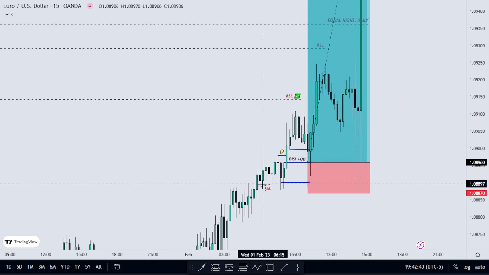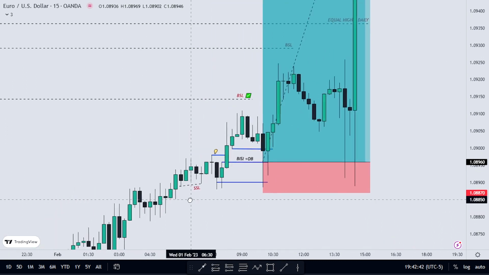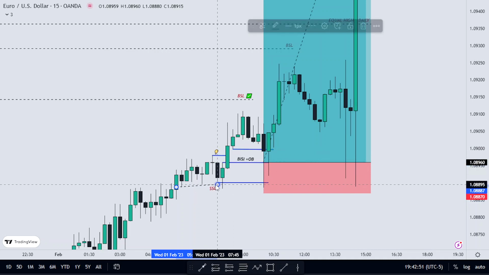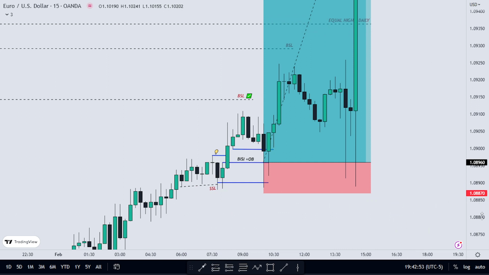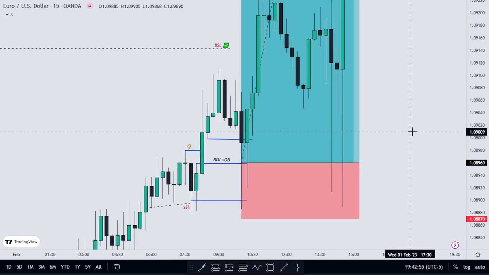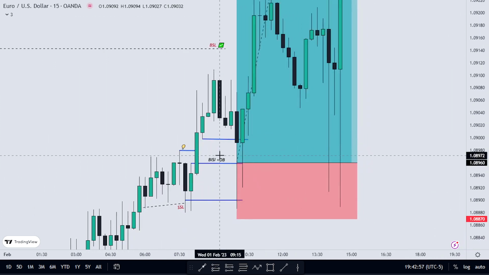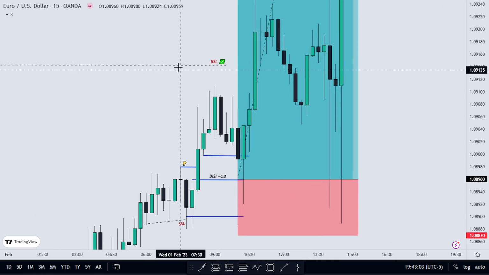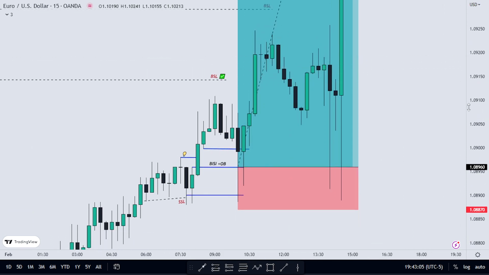This sell side liquidity, we had a beautiful run on it and shifted market structure above that high, and that was a confirmation in our Q zone for bullish price. Price left behind this fair value gap and this order block, and then boom, that was your entry to target this buy side liquidity pools.